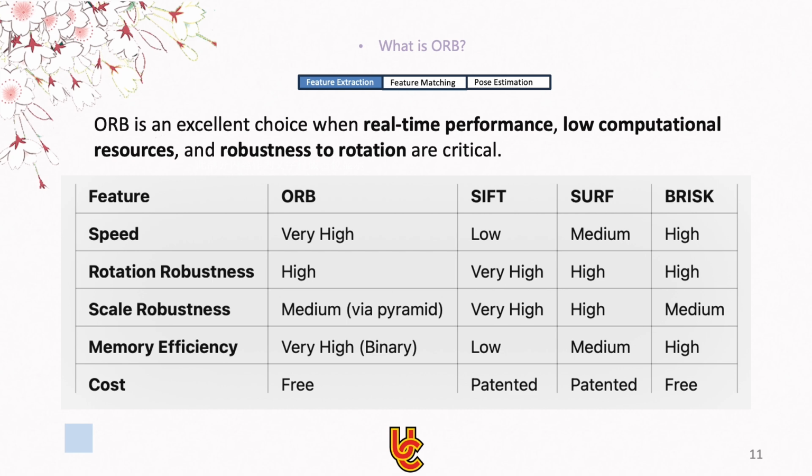You have to be very robust to rotation and translation. So we can compare the four descriptors and extractors here. You can find that ORB has very high speed, is rotation robust and scale robust, and very memory efficient. The cost is free. So why not? That's why ORB-SLAM is very popular.